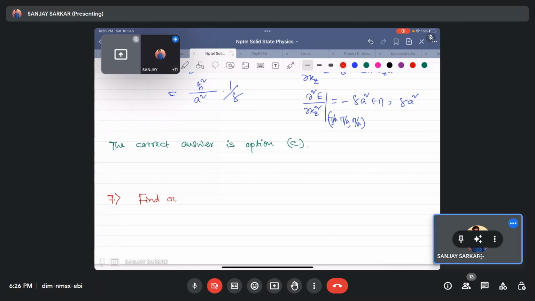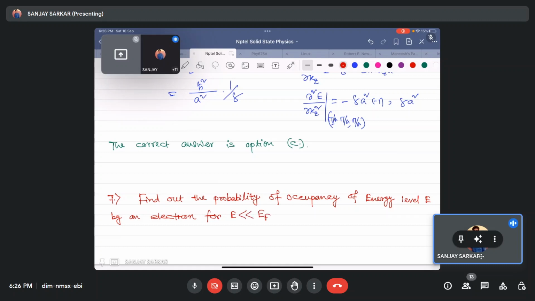You have to find out the probability of occupancy of energy level E by an electron for E much less than EF.